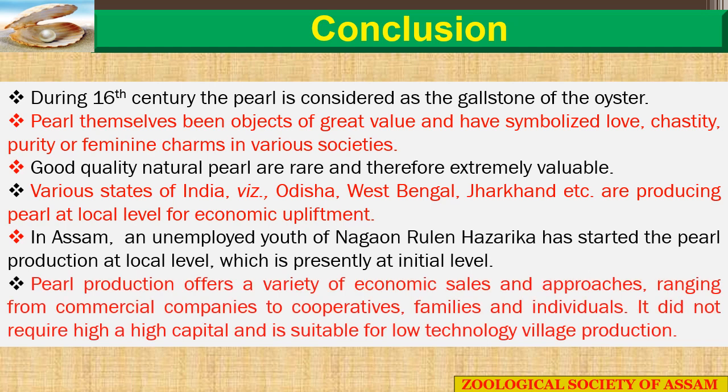Pearl production offers a variety of economic scales and approaches ranging from commercial companies to cooperatives, families and individuals. It does not require a high capital and is suitable for low technology village production.